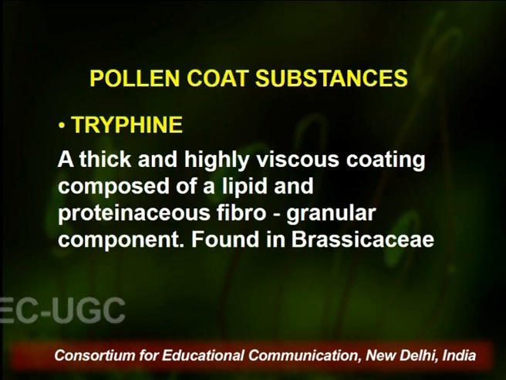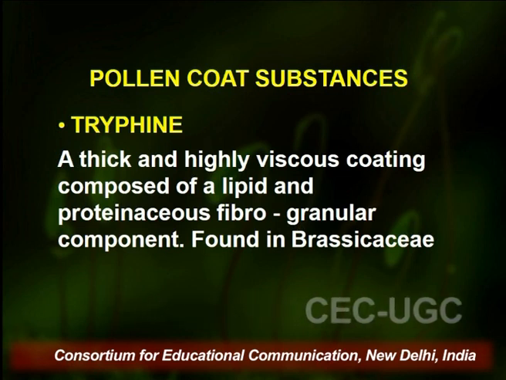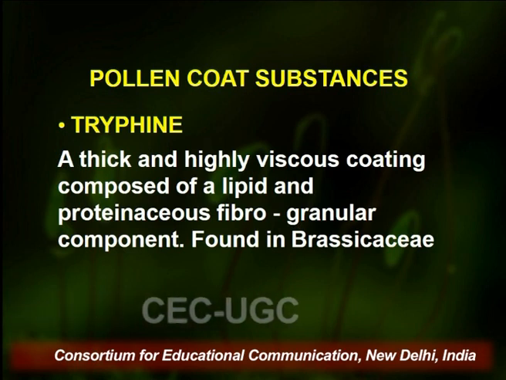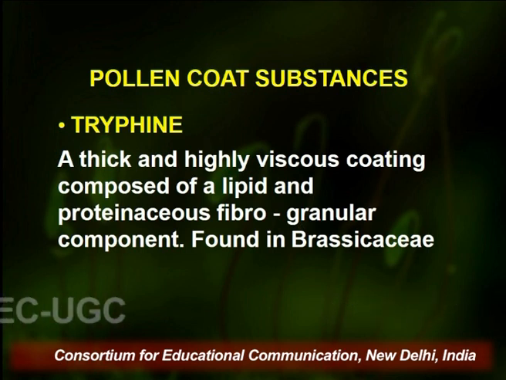The other type of pollen coat substance is tryphine. Tryphine is a characteristic substance of family Brassicaceae. This is a thick and highly viscous coating which is composed of a lipid and a proteinaceous fibrogranular component. This tryphine is synthesized by the cell organelles of the tapetum.